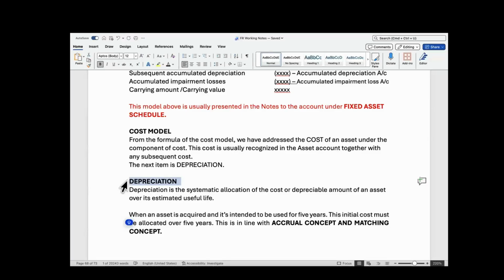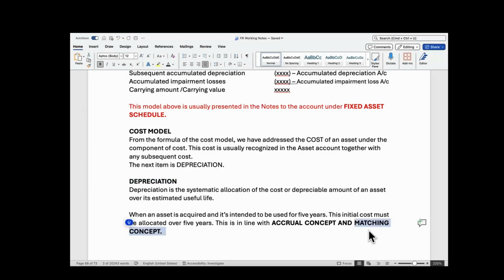So each year you allocate a cost: because I've used this asset this year, this is the cost. Again, the asset is going to make income for you that you're going to recognize in P&L every year. So when you recognize income to P&L, what will be the costs that generated that income? You cannot recognize the entire cost to P&L. That one is in the asset account.